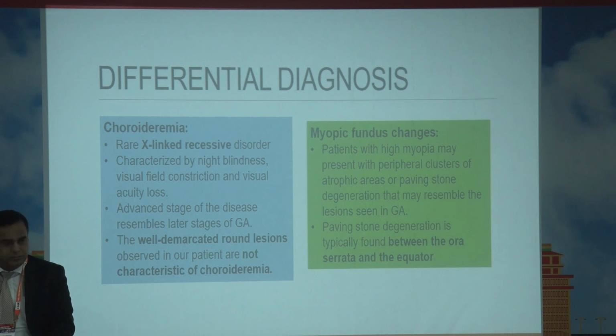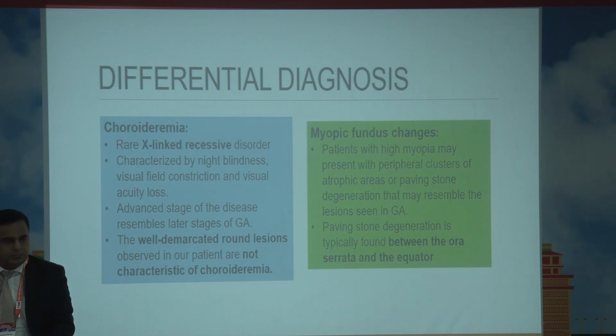Now, coming to the differential diagnosis, we have two diagnoses of gyrate atrophy, that is choroideremia and myopic fundus changes. Choroideremia is a rare X-linked recessive disorder which is characterized by night blindness, visual field constriction, and visual acuity loss, which may confuse with gyrate atrophy.